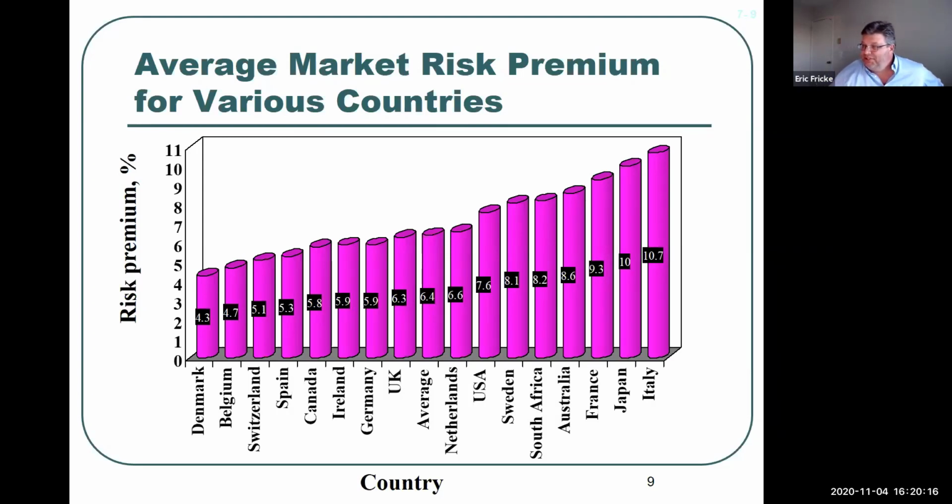And so if you look on this chart, I'm not exactly sure why Italy is so high. Japan's pretty high. And then you have Denmark and Belgium being pretty low, Switzerland being pretty low. Usually the higher the discount rate for a particular country, there's some riskiness in those countries.